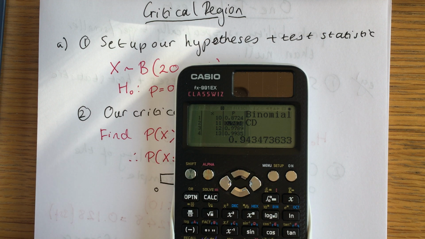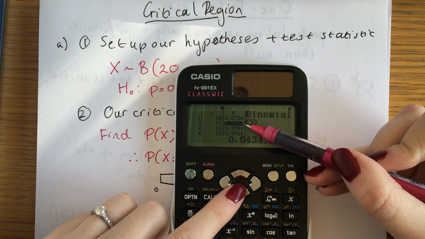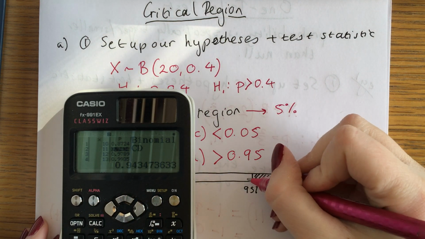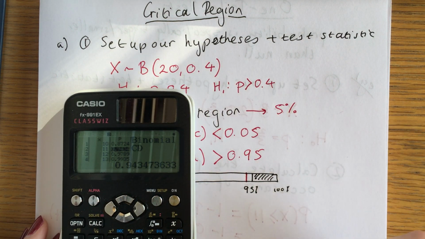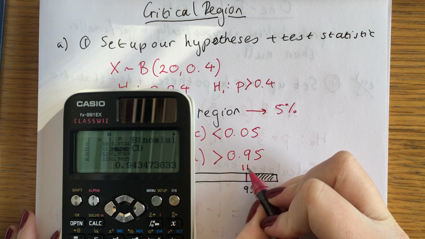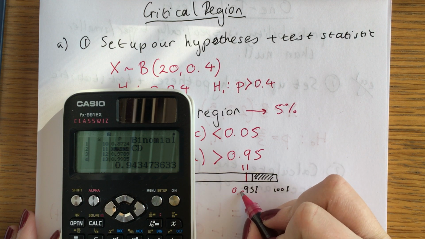In the exam, they ideally want you to show the ones either side of your cutoff, because it shows you understand the table and you haven't missed out a value. So 11 or less has a 0.943 chance.